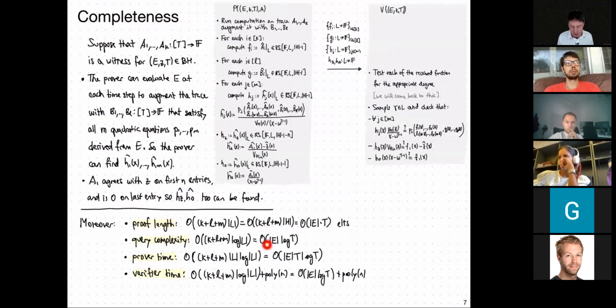Any other questions on complexity metrics? Okay, so I don't get why we need FFT for this polynomial division, because what we divide by is non-zero on L. So we can just divide numbers, because we want to generate these evaluation tables on L. We need FFT to interpolate, but yeah.